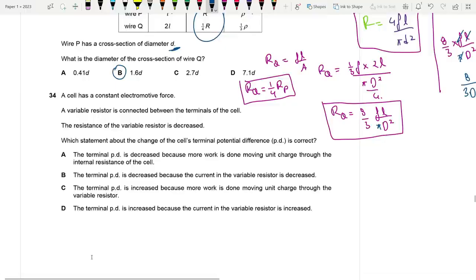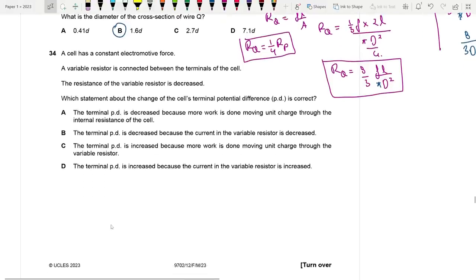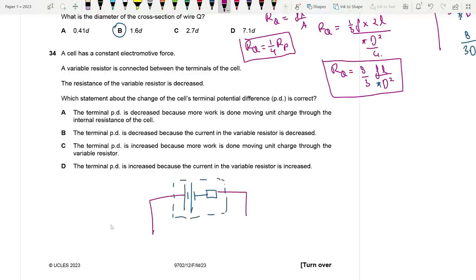A cell has a constant electromotive force. A variable resistor is connected between the terminals of the cell. The resistance of the variable resistor is decreased. Which statement about the change of the cell's terminal PD is correct? Essentially we have a battery. It's not stated, but it's implied that we do have internal resistance, and we have a variable resistor over here.